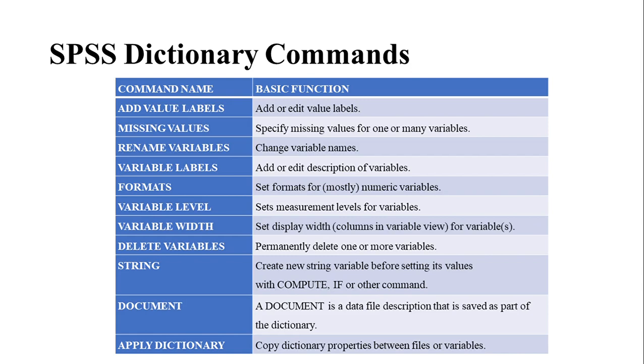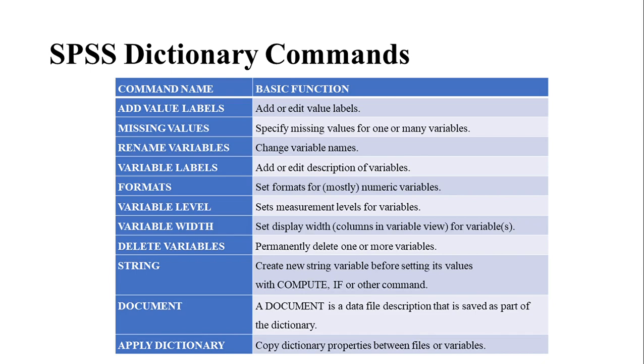So we are going to start with the dictionary commands. What are dictionary commands? SPSS dictionary commands contain mostly information describing data files and their variables and values. Some dictionary information being incorrect or absent, especially missing values, variable labels, and value labels, can cause corrupt data and affect the research conclusions.